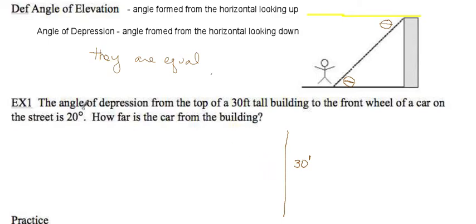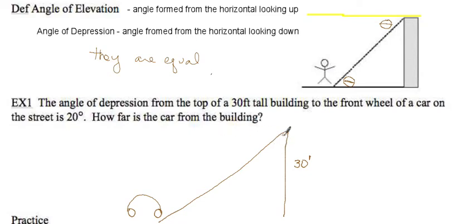And the angle of depression from the top of the building to the front wheel of a car. So let's make a little car here. So we have this situation here. The angle of depression is 20 degrees. So would this be 20 degrees?